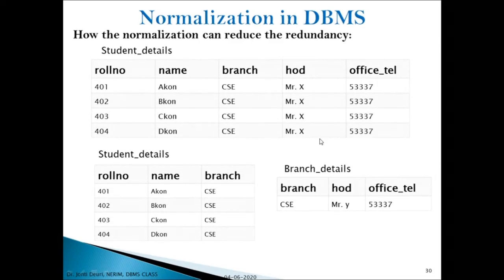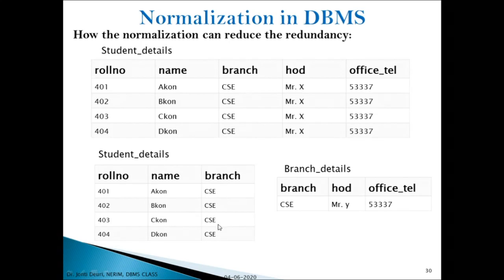Here there is no repetition. The redundancy is not here, right? Normalization can reduce or remove the redundancy. That means redundancy is here, but it is reduced, right? Compared to the first table, the student details, it is reduced.